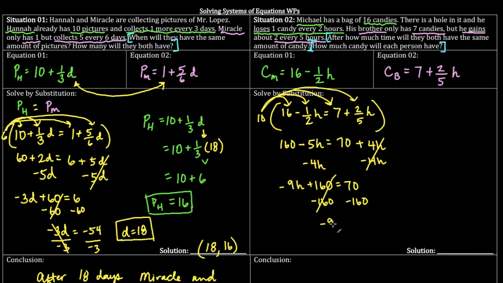And I get negative 9h equals 70 minus 160, which is negative 90. Divide by negative 9, and I get h equals 10.